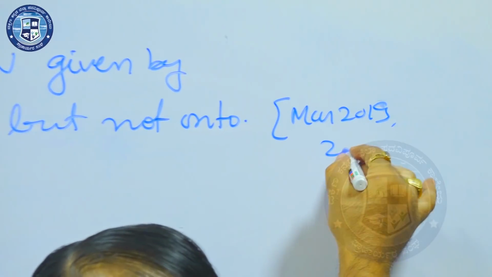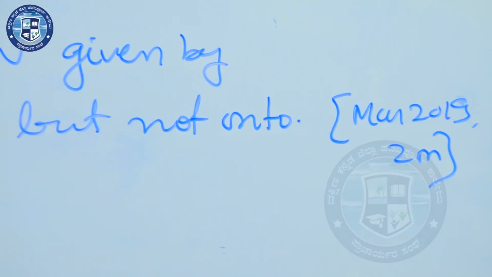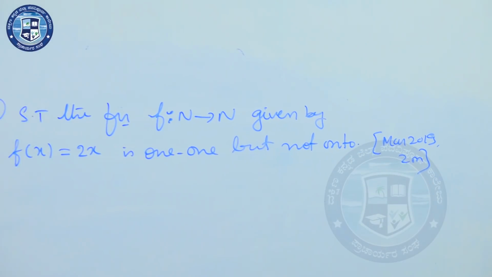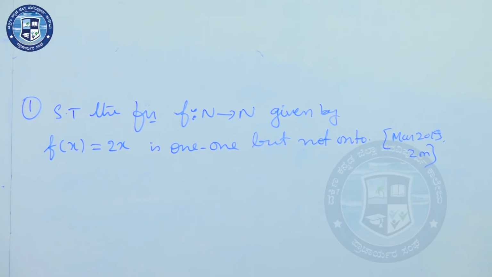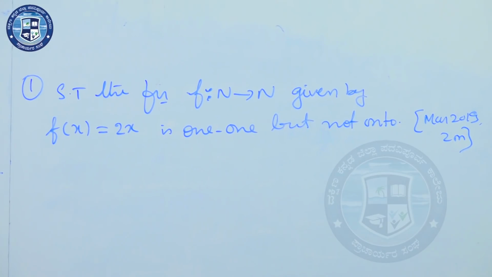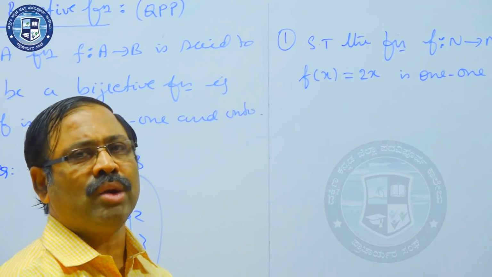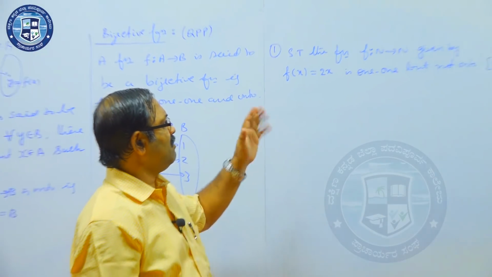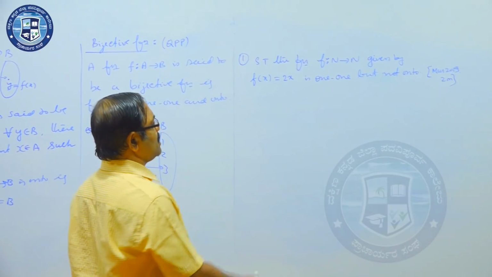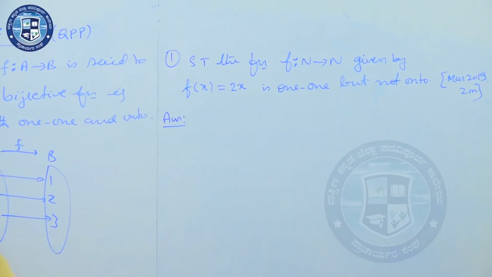This question was asked in the previous question paper. I will explain it with the help of one or two methods. First, from the exam point of view, this is only by using our set theoretic definition.